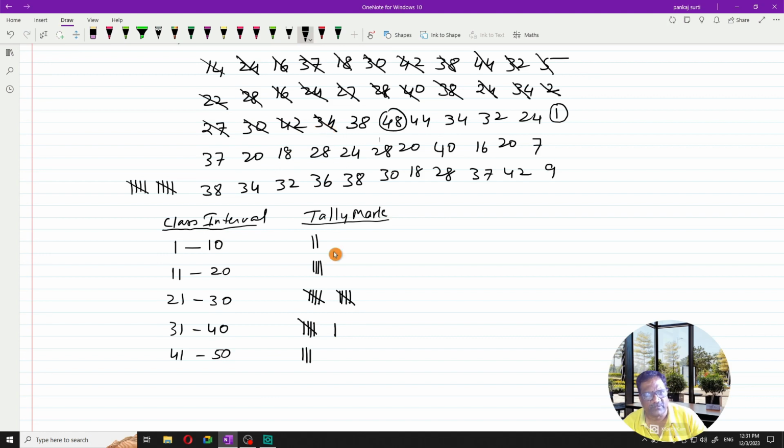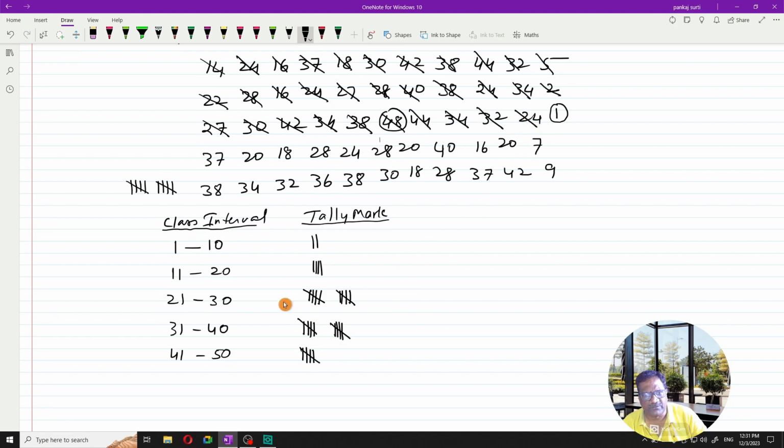Then 34 should come over here. 38 should come again here. 48 should come in this last class interval. 44 will also come in this last class interval, so I'll make it this way. Then 34 should come here, 4, and then 32 again here, so I'll cut it this way.